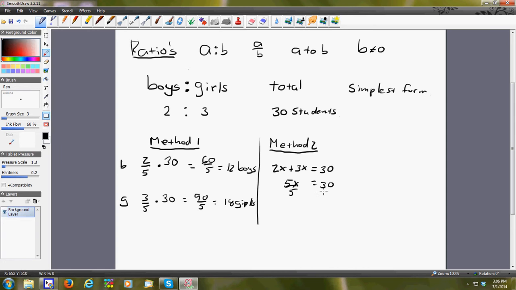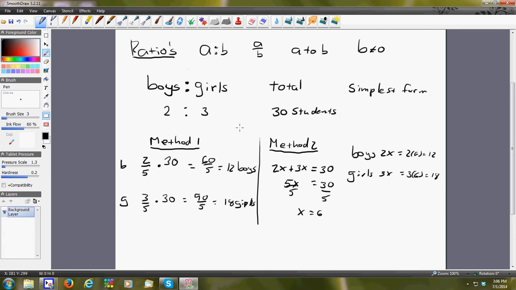I divide by 5 and I get x equals 6. Recall that the boys was 2x, which becomes 2 times 6, which is 12. The girls was 3x, which is 3 times 6, which is 18.